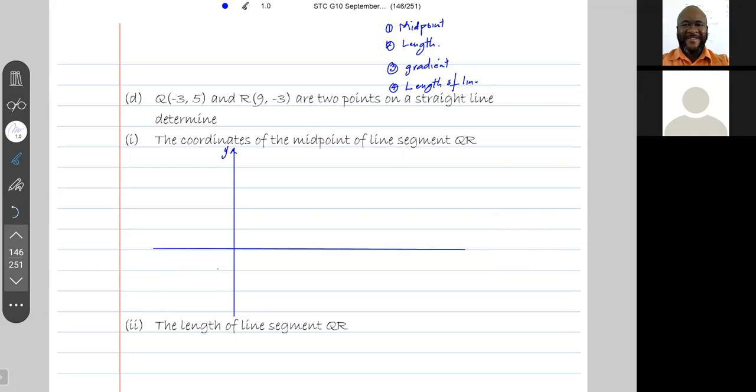So let's say this is minus 2, minus 4, 2, 4, 6, 8. Origin, minus 1, minus 2, minus 3. And then 1, 2, 3, 4, 5, 6, 7, 8, 9. This is the x-axis.